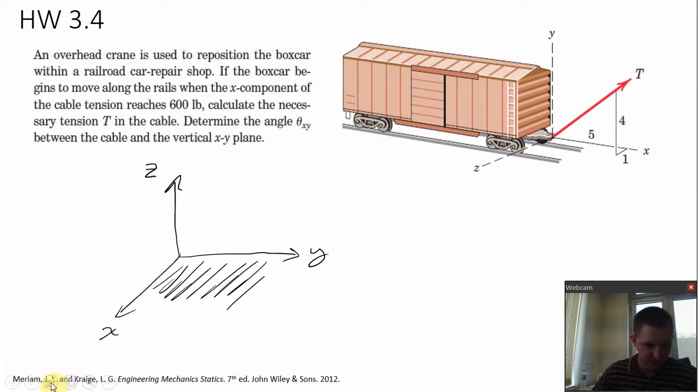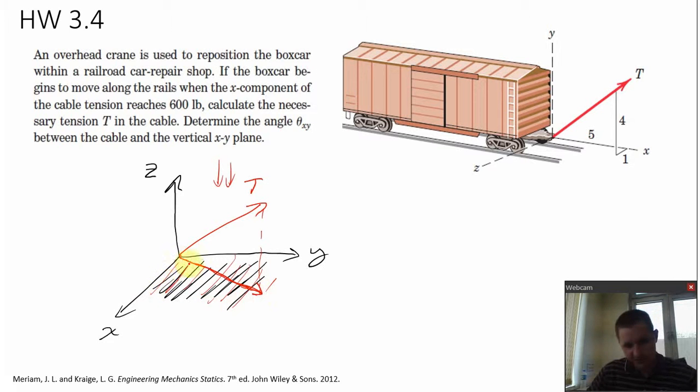Now I'm going to sketch a tension vector. Now let's say I were to project this tension vector onto the xy plane, and this tension vector is actually out here. Extend that out. If I project this tension vector onto the xy plane, this is the line that I get here.